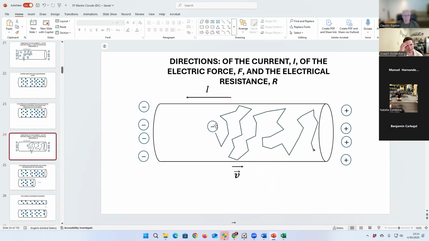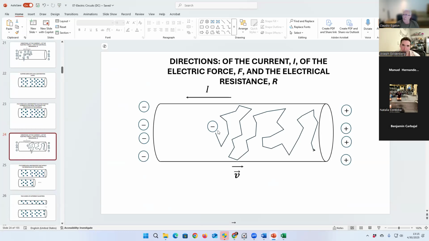Here's an illustration of the motion of the electrons inside a wire. It's like a ball in a pinball machine, bouncing back and forth everywhere. As it moves along this wire, it loses some energy, and the kinetic energy it loses is transformed into heat.